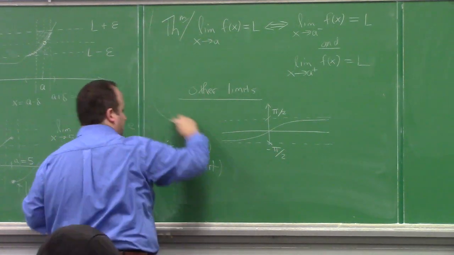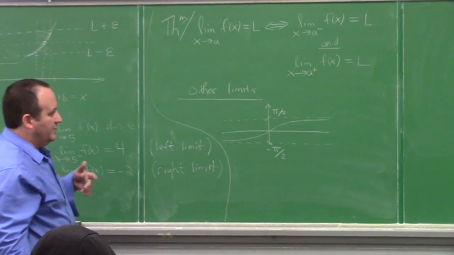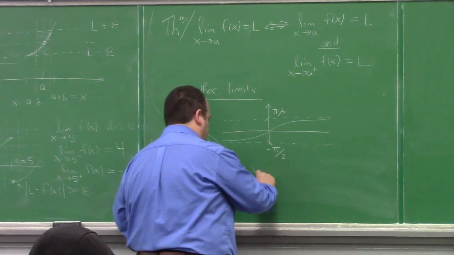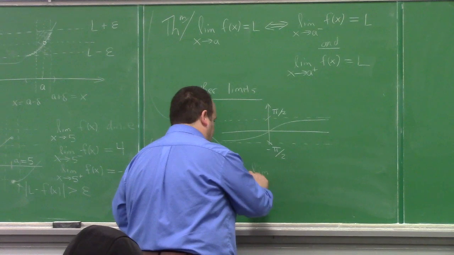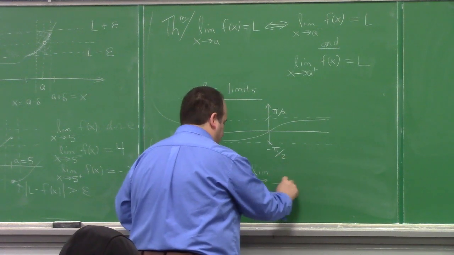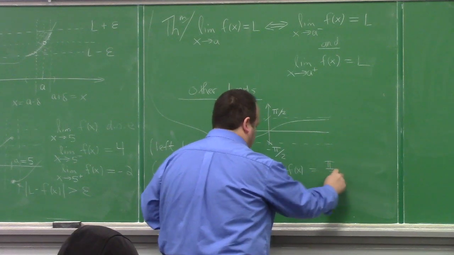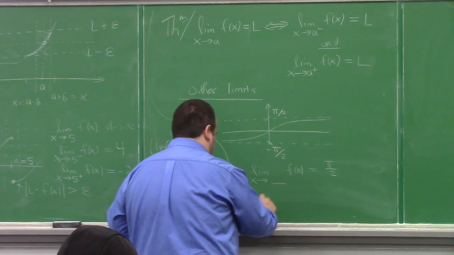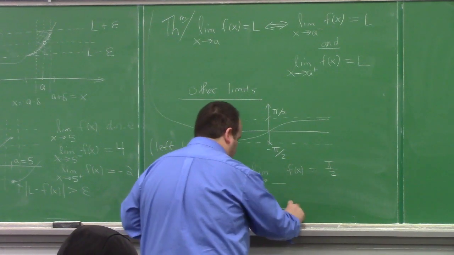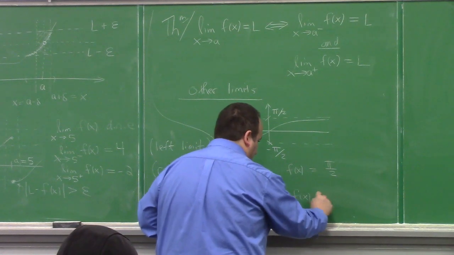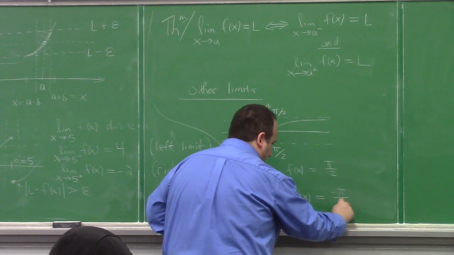Can you tell me what we would say about the limit as x goes to what of f of x equals pi over 2? And what about the limit, you fill in the blank for me, as x goes to what of f of x is equal to minus pi over 2?